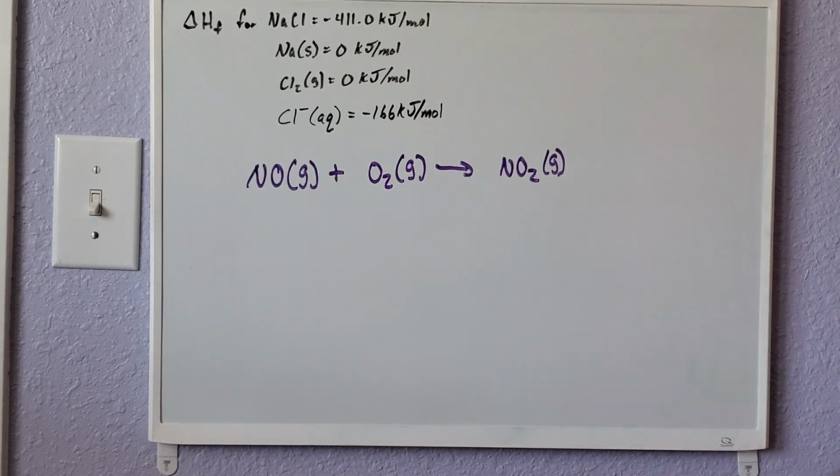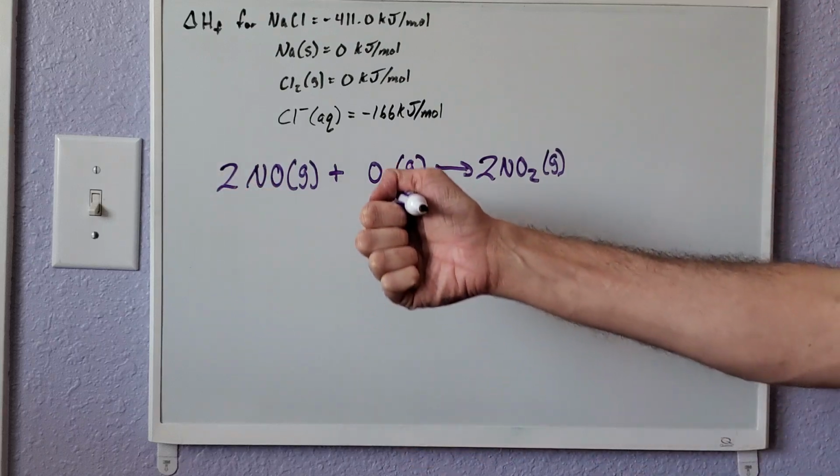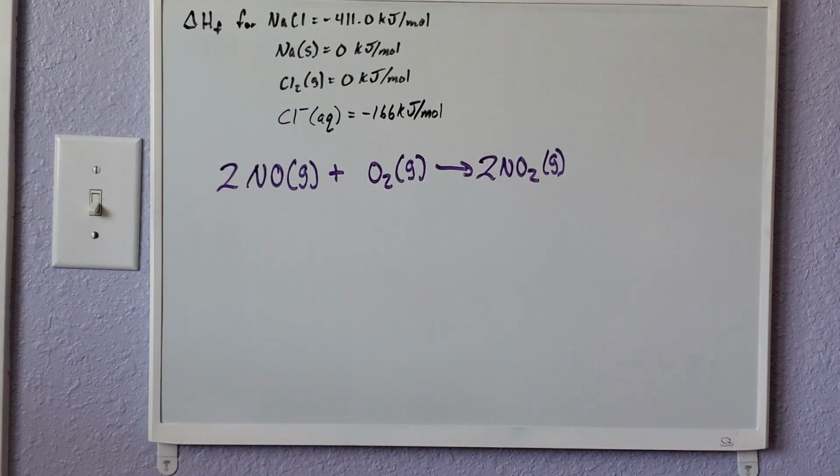In this situation, it is not. But if we take a 2 here and a 2 there, now we have 2 nitrogen monoxides plus an O2 will produce 2 nitrogen dioxides.